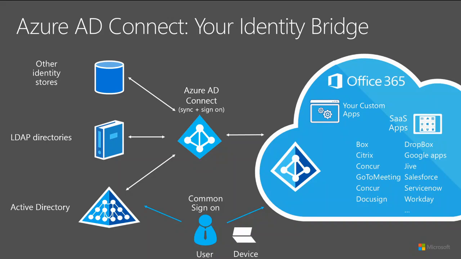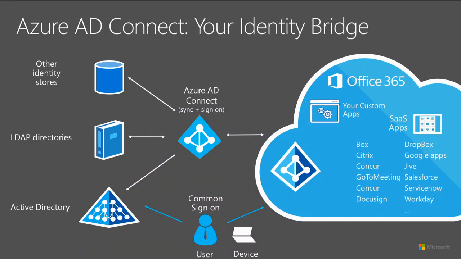So if we look at the environment that we have, other identity stores could be some type of database, SQL logins, those types of things. LDAP directories, Active Directory, of course, all bridging through AD Connect. That's setting up the AD Sync and also the single sign-on scenarios as we go through.